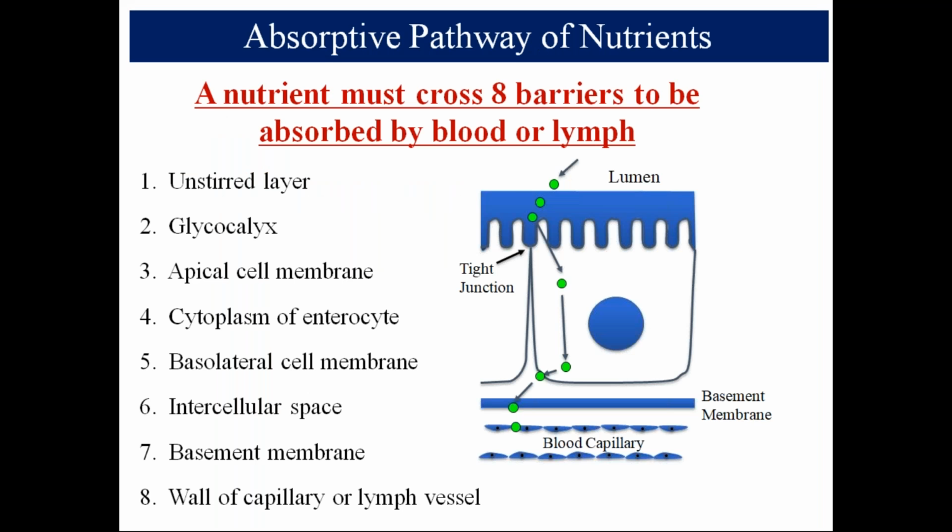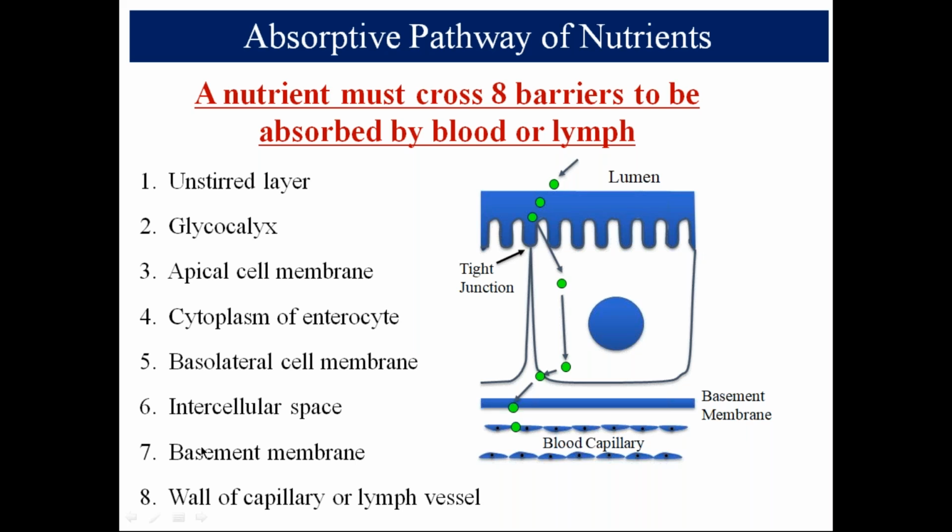So for a substance to be absorbed into the bloodstream, it must cross 8 barriers before it is absorbed into the blood or the lymph. So you have the unstirred layer, the glycocalyx, the apical cell membrane, the cytoplasm of the enterocyte, the basolateral cell membrane, the intercellular space between the cell and the basement membrane per se of the capillary, and the wall of the capillary or the lymph vessel.